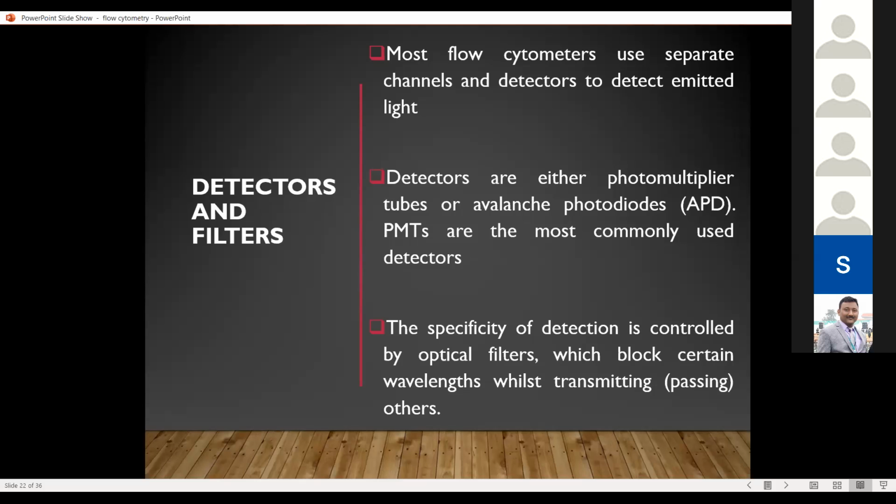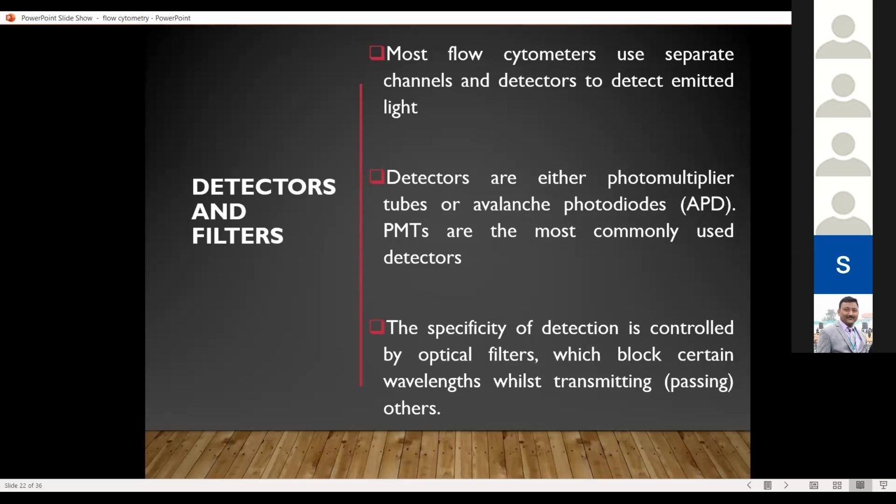They are designed on the basis of the specific needs which an analyzer wants to add into it. So most flow cytometers use separate channels and detectors to detect emitted light, depending on the need of the analyzer.